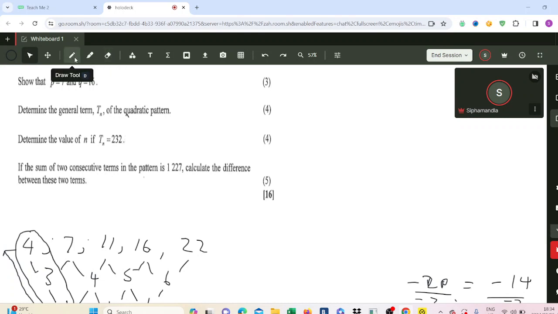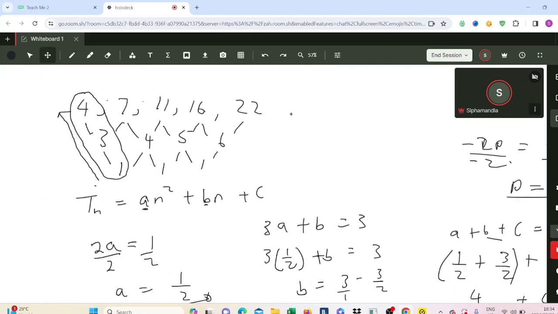Hence, the sum is the answer that you get when you are adding. That means if I'm adding tn plus t(n+1), the sum for this will give me 1227, right? So remember, I want you to note something.